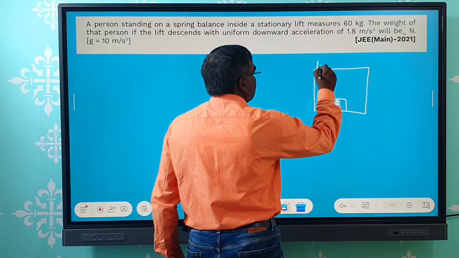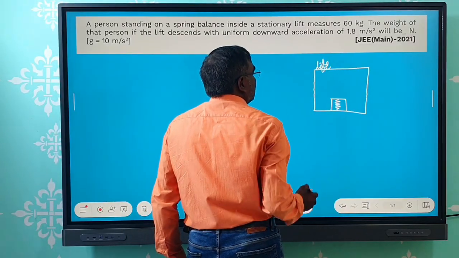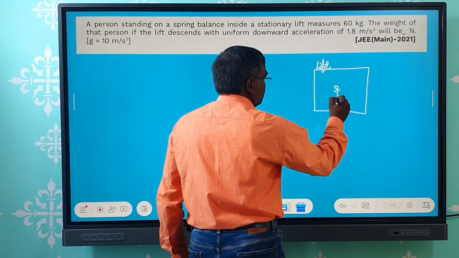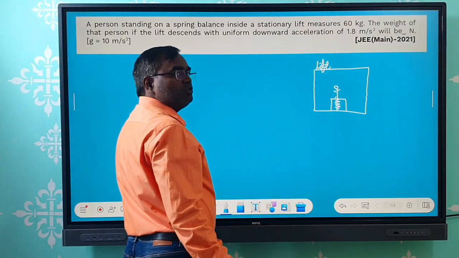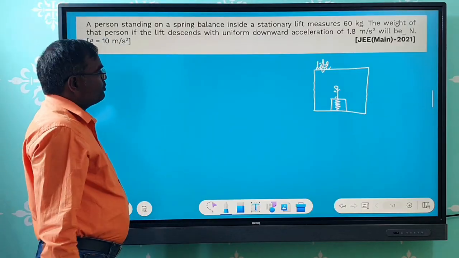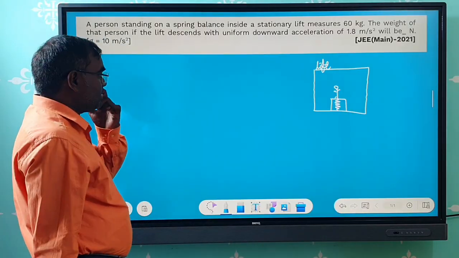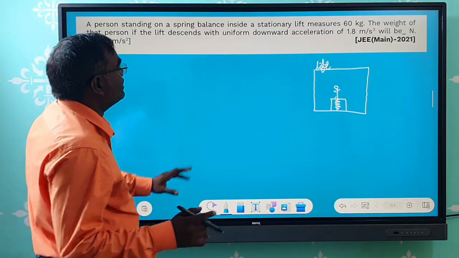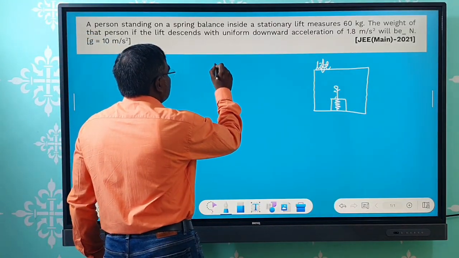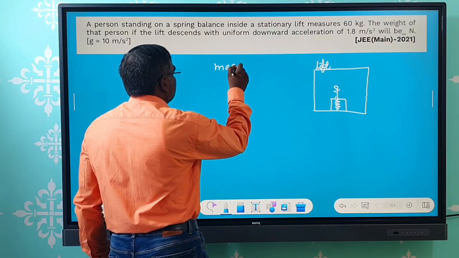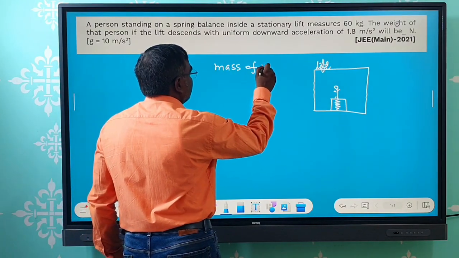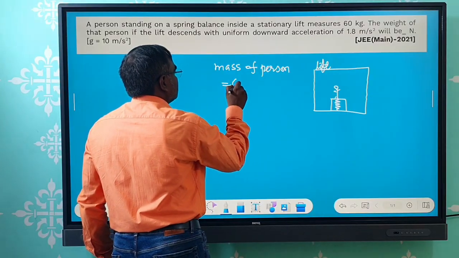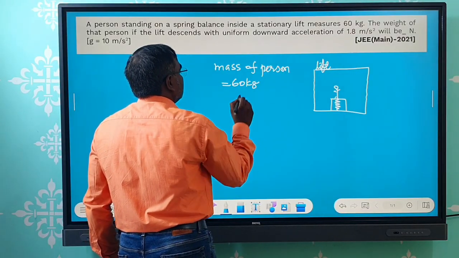This is the lift, and a person is standing on it, enjoying the rest position. Initially he was at rest. So when he was at rest, the mass of that person is 60 kg. Mass of person is equal to 60 kg in rest.